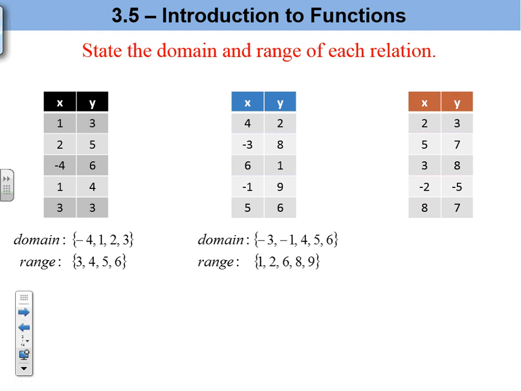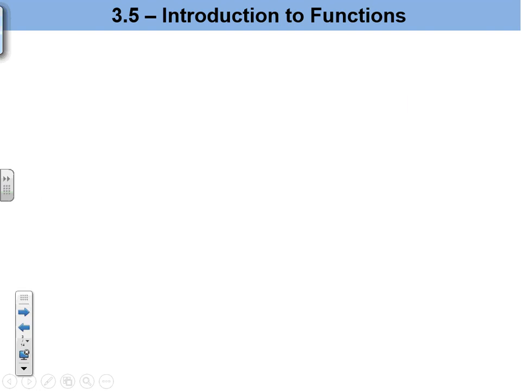And consequently, the range would be all of the values in the y column. Now, if you notice, if something repeats itself, you don't have to write it twice. So for instance, in the last column here on the right, you see the 7 in the range column or in the y column is repeating itself, so we don't have to write it twice. We only write the things down once. So if a number repeats, we don't have to write it twice.